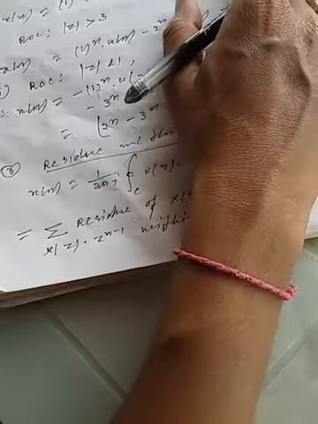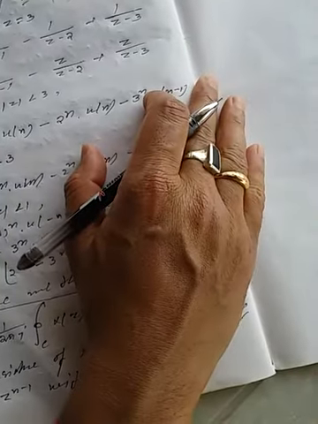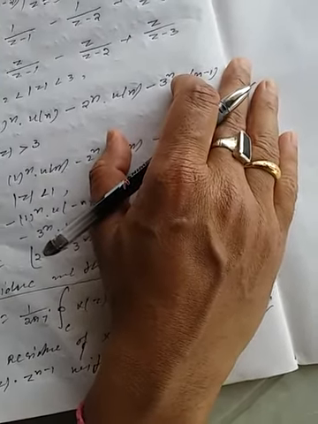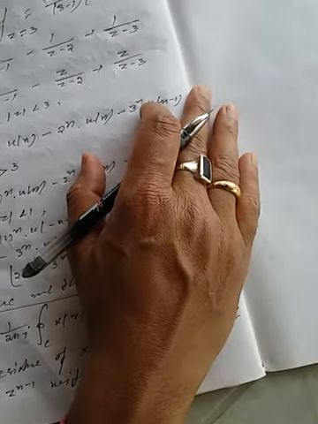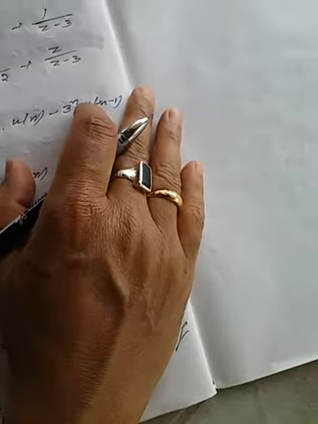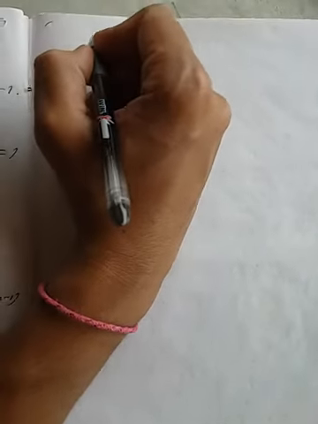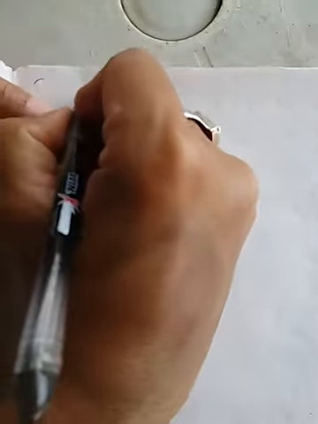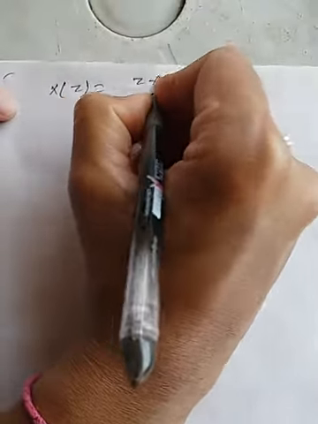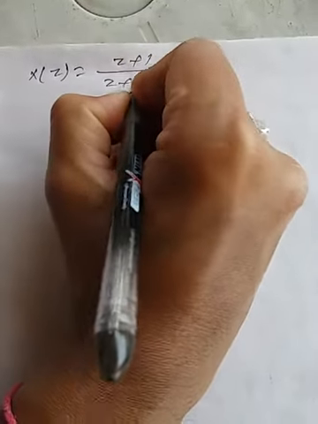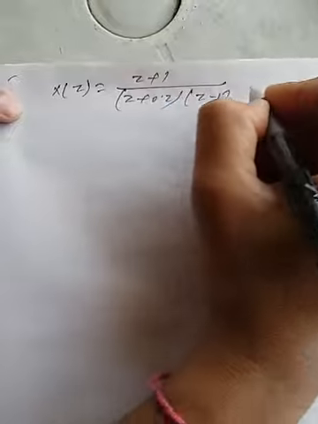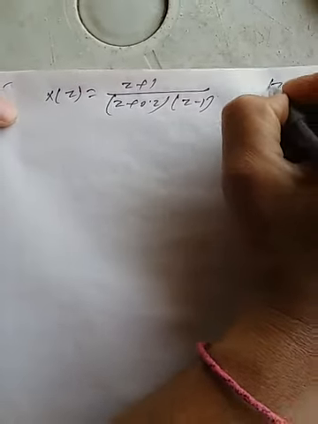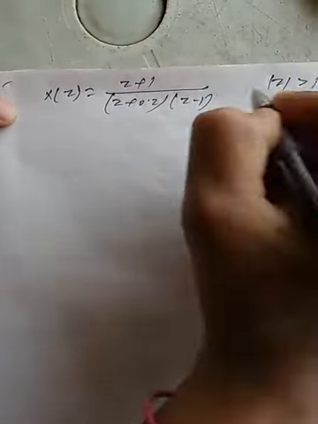Now let us take an example to do the residue method. Here I am taking X(z) equal to z plus 1 by z plus 0.2 into z minus 1, right, where the ROC is mod of z greater than 1.